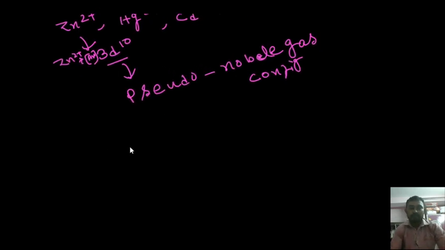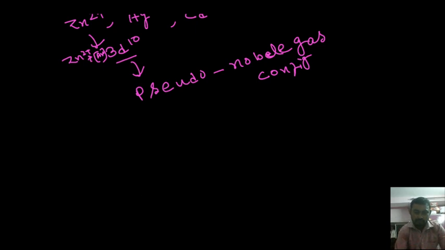But in the case of the inert gas, if the electronic configuration is ns2 np6, that means the octet is fulfilled, so that is called the typically inert gas configuration.